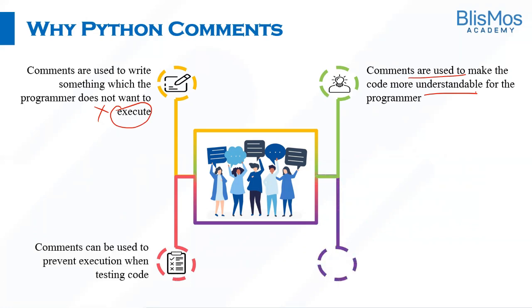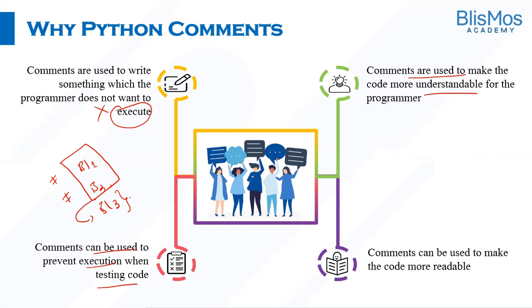The next aspect is that comments can be used to prevent execution while testing the code. Let us say you have three blocks: block 1, block 2, block 3. You already know that these two blocks are working, and they do not have any input to this. What you can do is comment these two blocks and go ahead and execute only block 3.